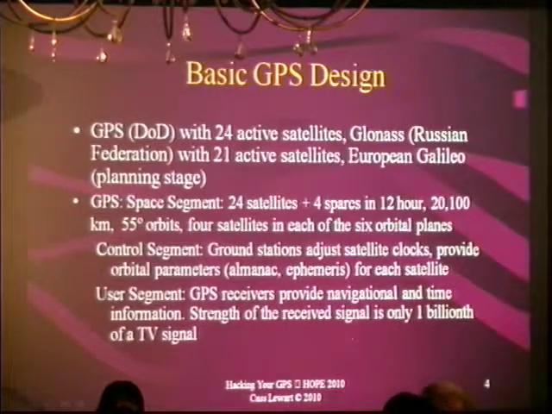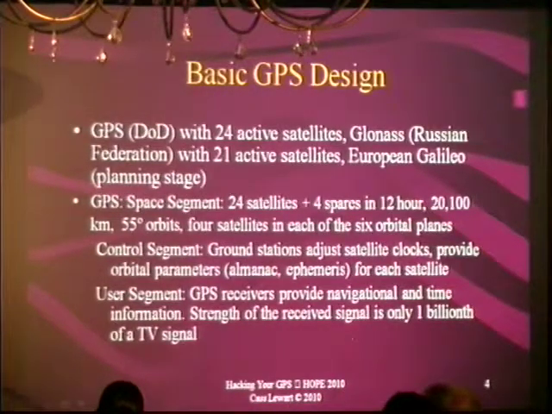See, one of the problems of GPS is that it's operated by the Department of Defense, and if they ever feel like turning it off in case of any conflict, then no signals are coming.